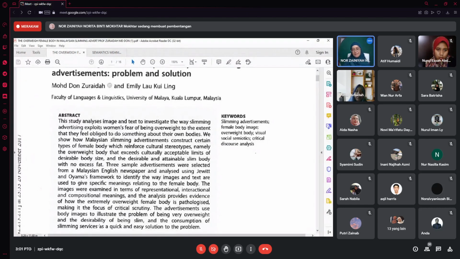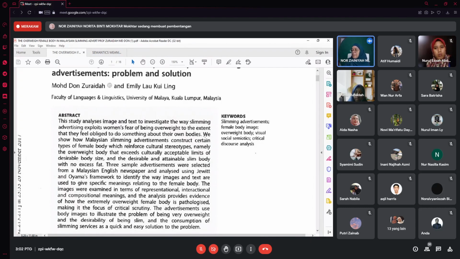That's the answer. Am I making sense? What is the study about? So how do you answer that question from this particular abstract? It is about investigating the ways how Malaysian slimming advertisements construct certain types of female body which reinforce cultural stereotypes, namely the overweight body that exceeds culturally acceptable limits of desirable body size and the desirable and attainable slim body with no excess fat.